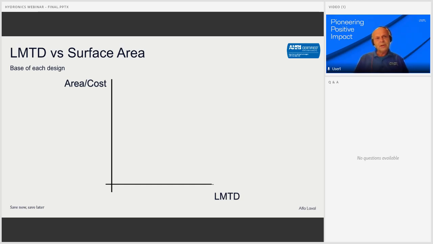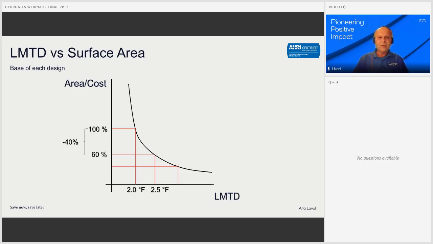First, we start with a little bit of a backup: the relation between the LMTD and the service area of a heat exchanger. What we see in general is a base temperature approach of 2 Fahrenheit in design. We just want to point out, even if you go half a Fahrenheit broader in the temperature approach, you can already save 40% of the surface.